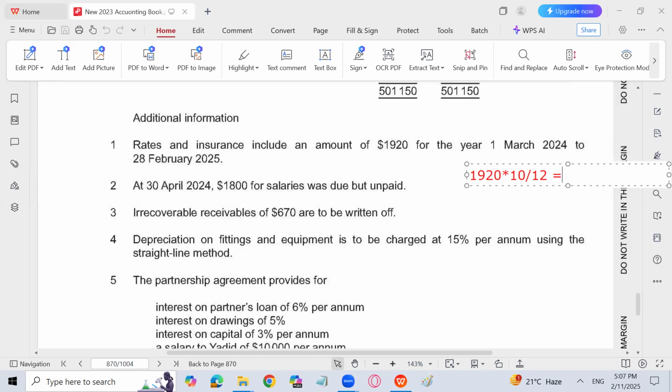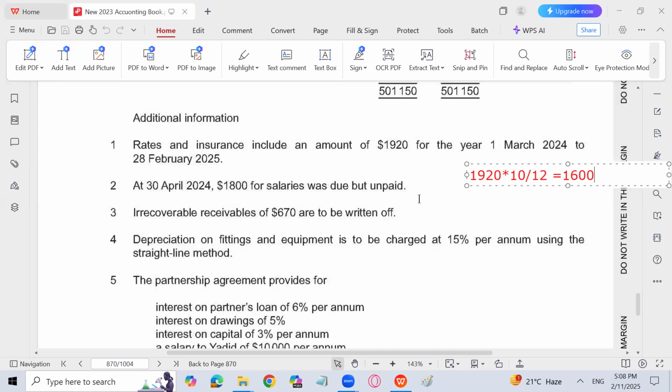So 1920 into 10 over 12 will be our prepaid expense. That is subtracted from rates and insurance, because that is not a part of the current year expense. So how much is it going to be? 1600, and we are going to subtract this 1600 from the total rates and insurance, not from 1920.